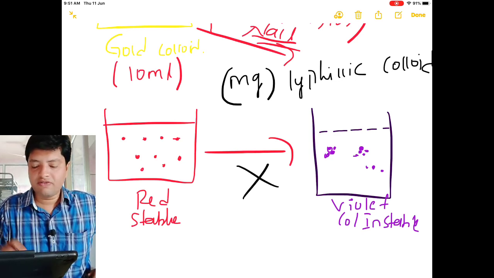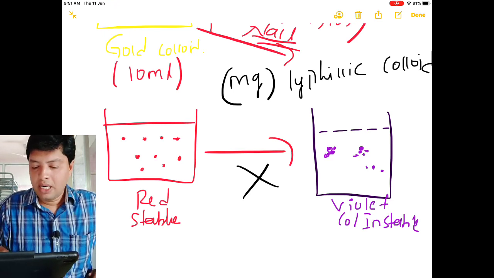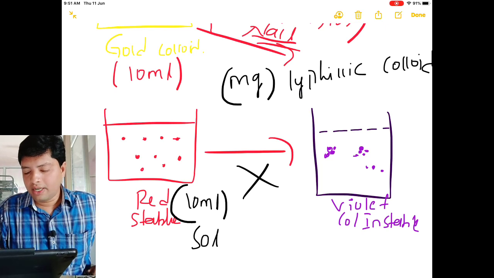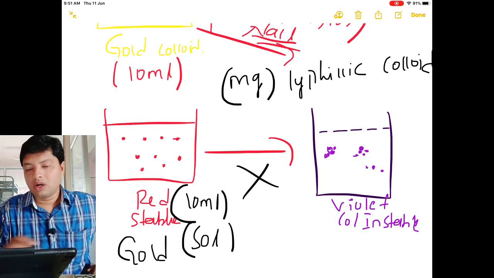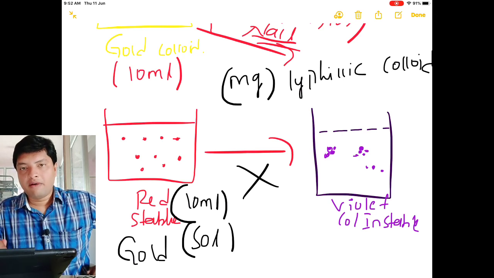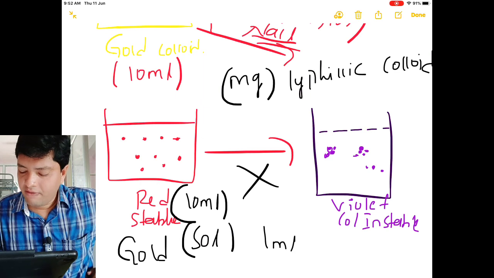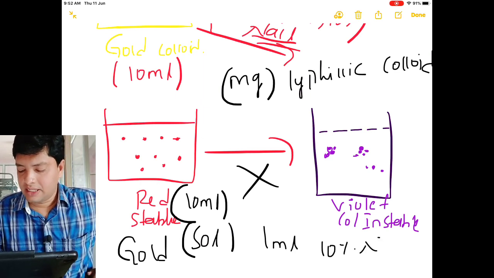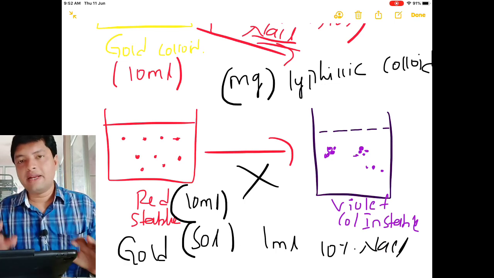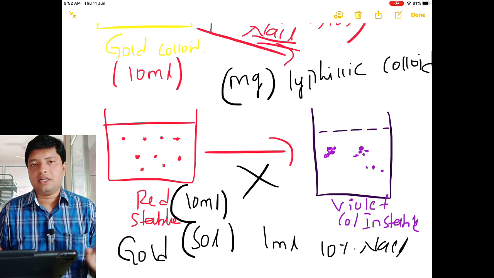To prevent the color change from red to violet of 10 ml of gold colloid, gold salt, upon addition of 1 ml of 10% NaCl, this is called the gold number. This is how the definition is created. Okay, so you can clearly see the definition here.